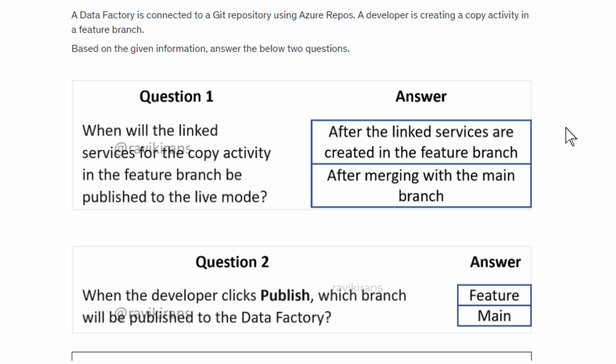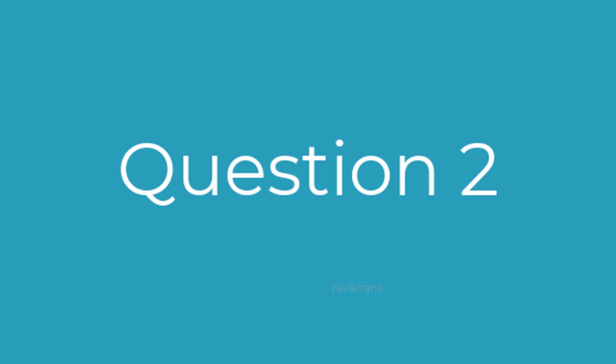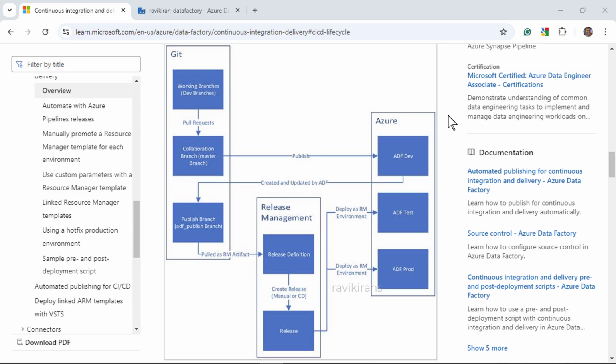So question 1 is, after the linked services are created in the feature branch, refer to the standard architecture of the CI/CD lifecycle in an Azure Data Factory that's configured with Azure Repos Git. Per the architecture, you can publish to the Data Factory service from only the main or the collaboration branch and not from the feature branch.